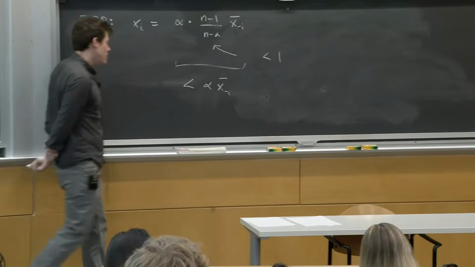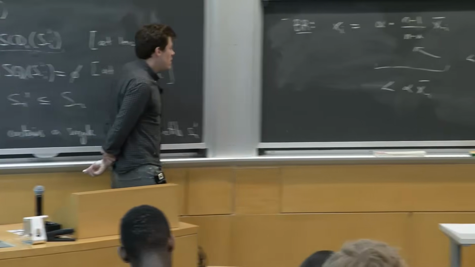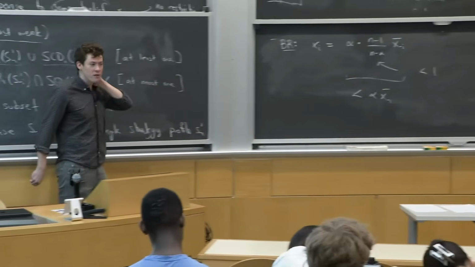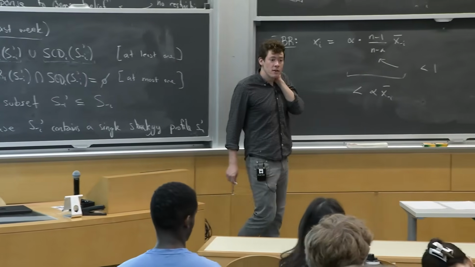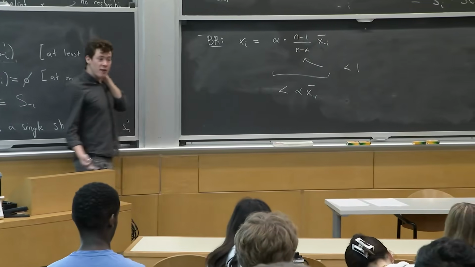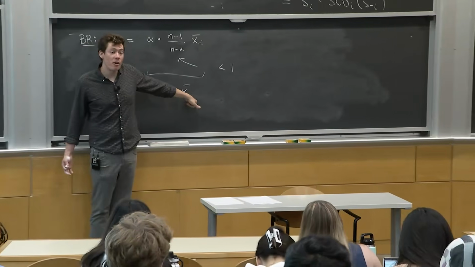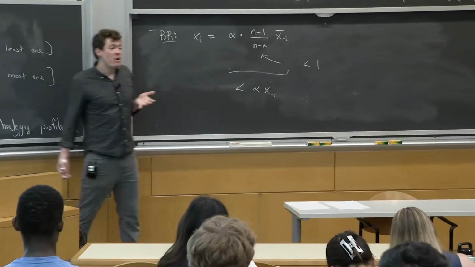Does anyone have any intuition? It's a bit strange, right? If you thought about this game, you might think you just want to guess exactly alpha times everyone else's guess. Yeah? Exactly right. So if I said, okay, the average of everyone else is x negative i bar, and I guessed alpha times x negative i bar, that sounds good.